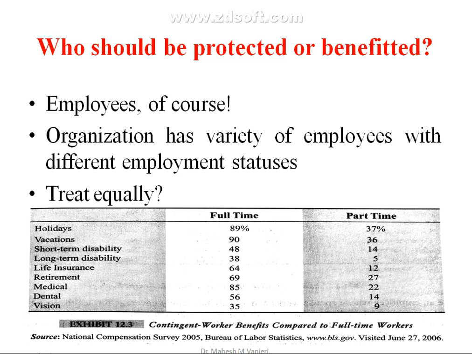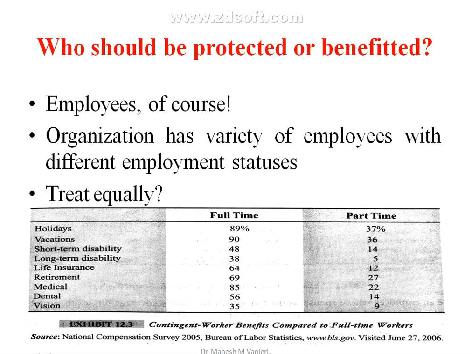Now, who should be protected or given the benefits? We say employees, of course, but is it that easy? Any organization will have employees on contract basis as well as full-time basis. So will you give the same benefits to both? No, it depends on the company. But generally what is observed? In this exhibit, these are full-time employees and these are part-time or temporary employees.